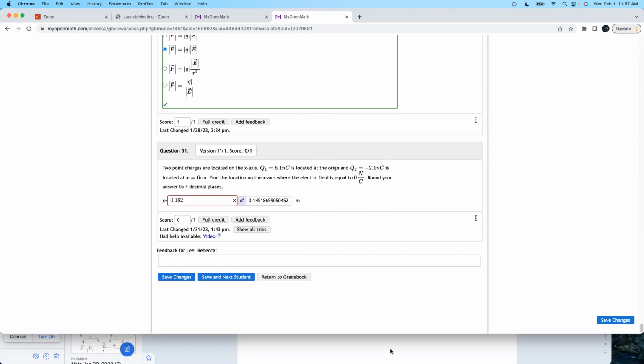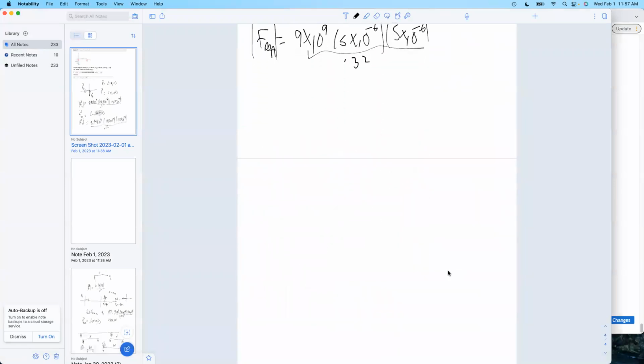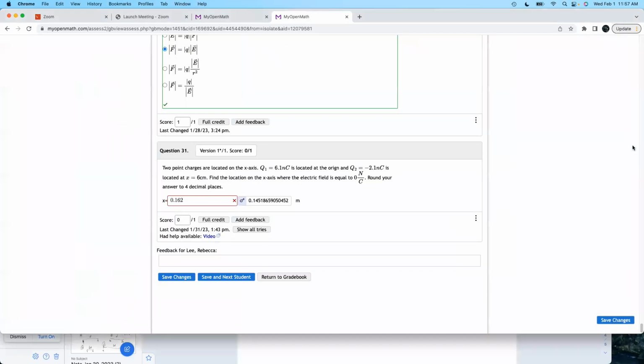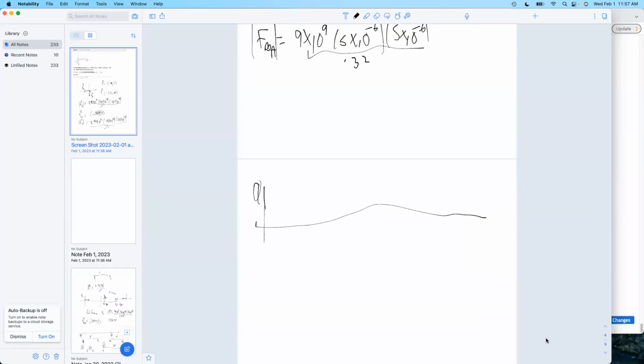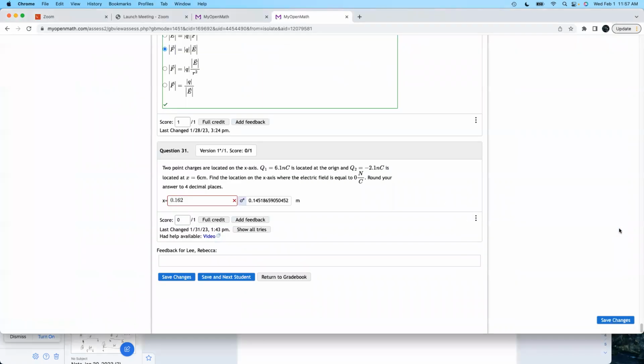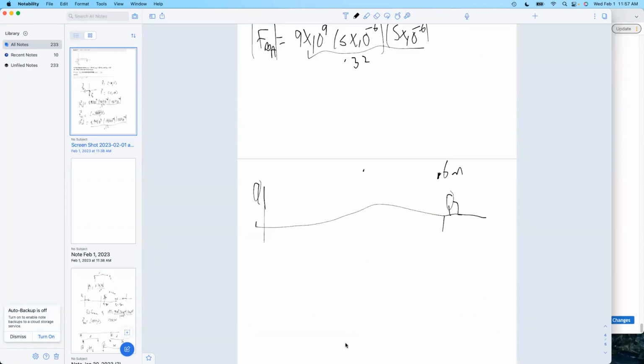So let's put Q1 at the origin. Here's Q1. Q2 is at 6 centimeters. So this is at, I'll put it here, 0.6 meters. Oh, excuse me. Let's see, we got 6.1 and -2.1.